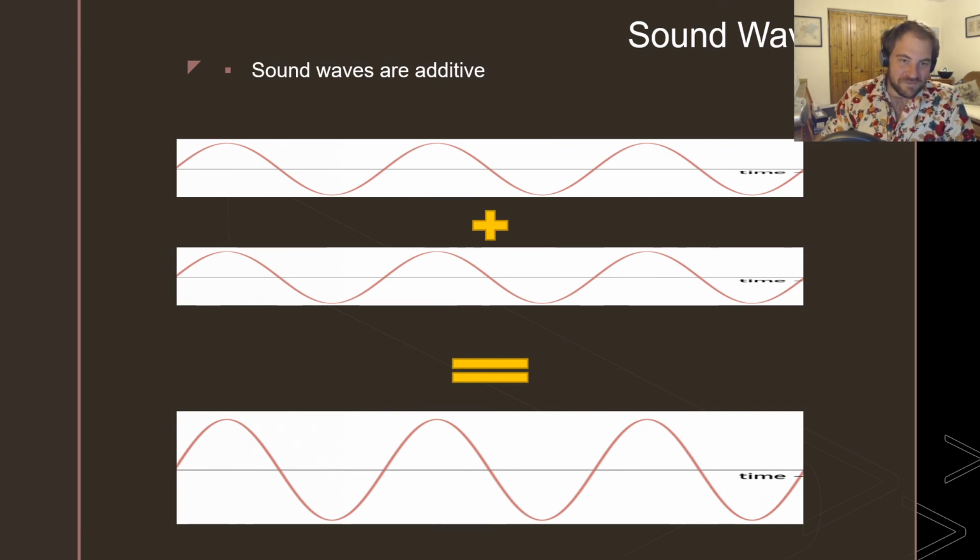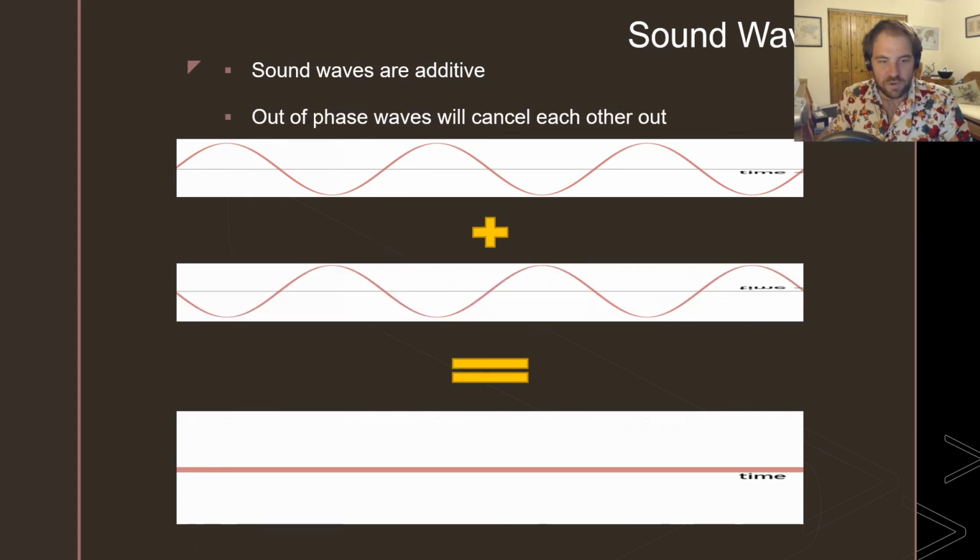Because they're additive, they can also cancel each other out. If you put a sine wave that's completely out of phase, they'll actually cancel each other out. So here we've got plus 15 amplitude, and here we've got minus 15 amplitude. And now here it's plus 15, but down here it's minus 15. So if these are additive, positive 15 plus negative 15 equals 0. And everywhere along this timeline of this wave is going to equal 0.